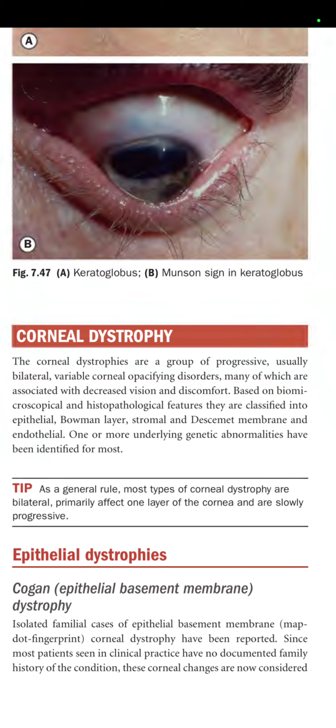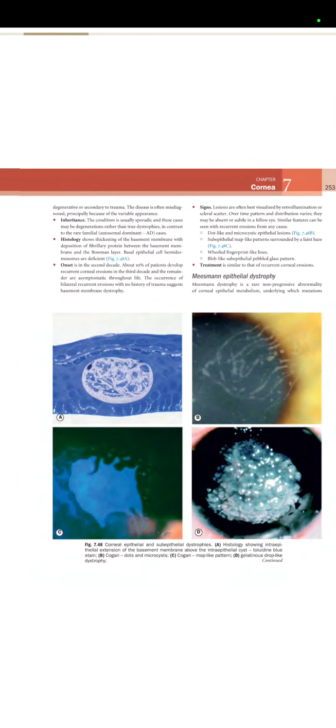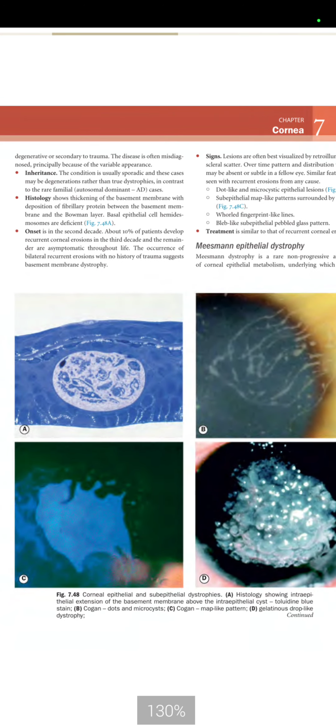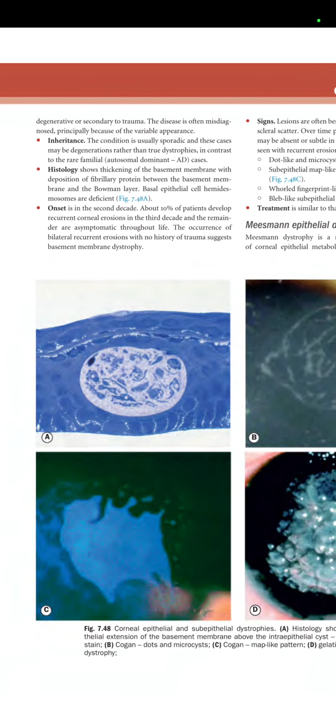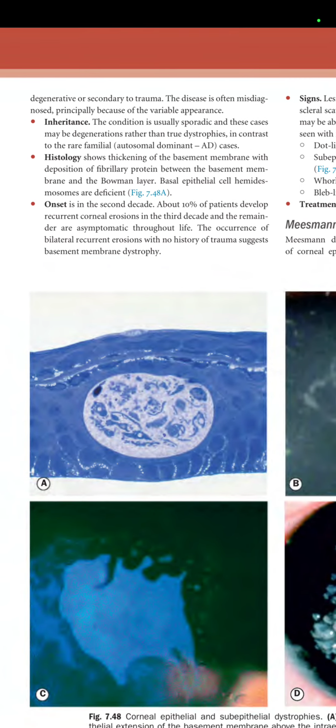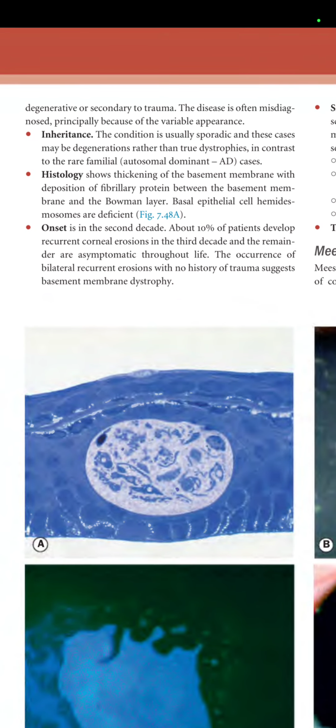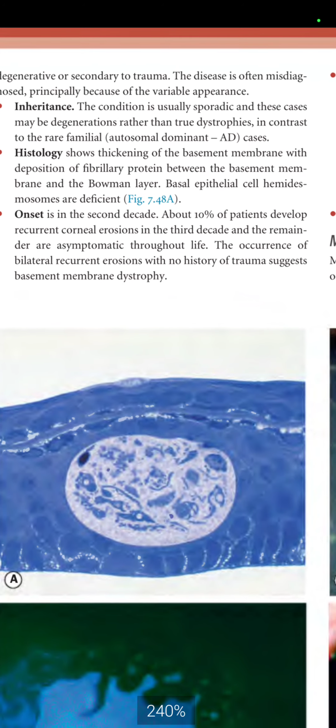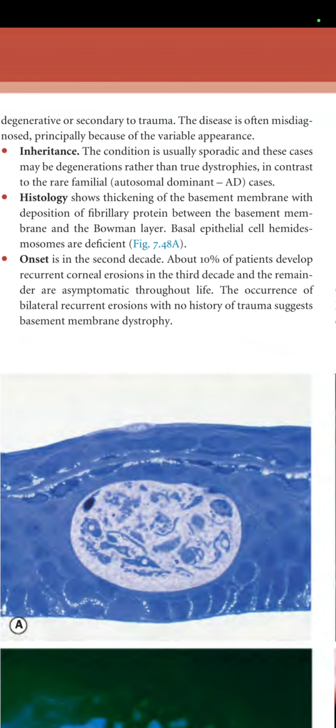Since most patients seen in clinical practice have no documented family history of the condition, these corneal changes are now considered degenerative or secondary to trauma. The disease is often misdiagnosed, particularly because of the variable appearance. The condition is usually sporadic, and in these cases may be degeneration rather than true dystrophy, in contrast to the true familial autosomal dominant cases.